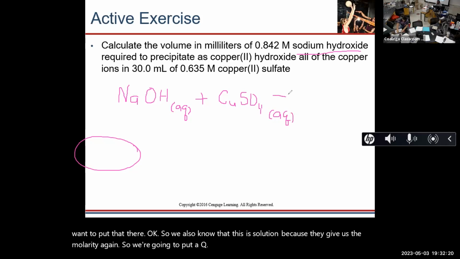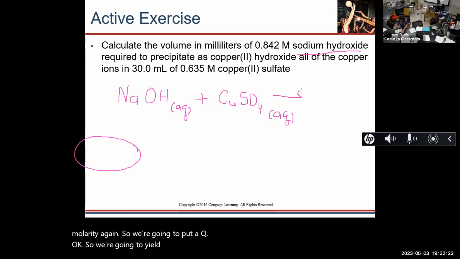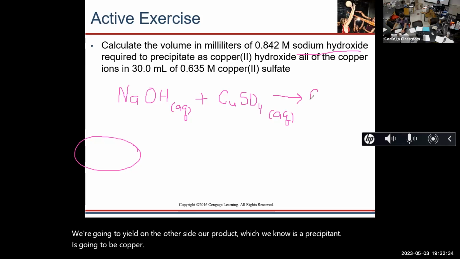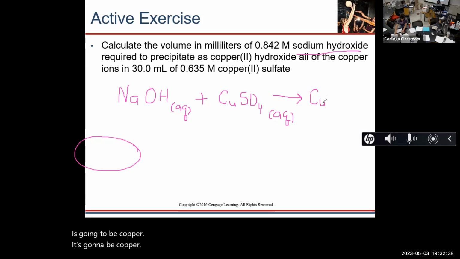Okay. So we're going to yield on the other side our product, which we know is a precipitate. It's going to be copper. It's gonna yield the copper 2 hydroxide, right?